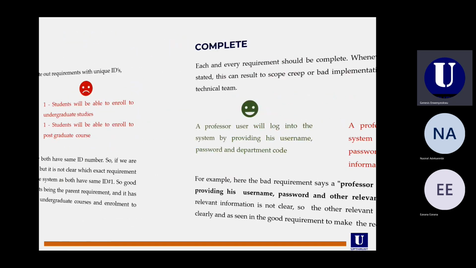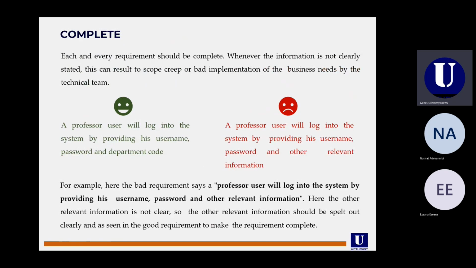Now, the next one we look at is that a requirement needs to be complete. If you allow loose ends in your requirements, it will become a very big issue. What do I mean? When you specify a requirement and it's not complete, that means you are creating room for stakeholders to make assumptions on how complete the requirement should look.